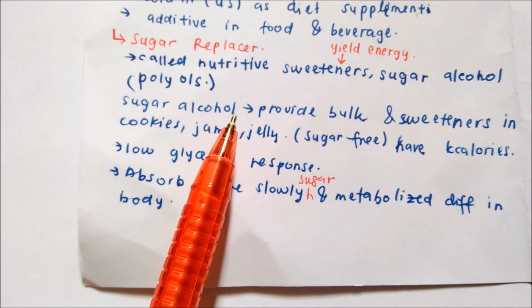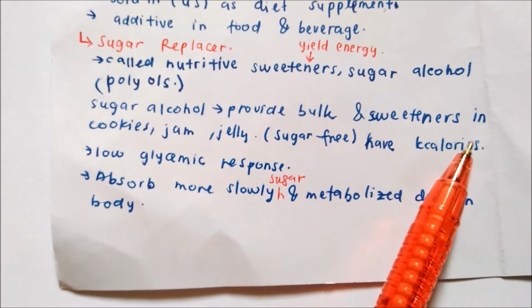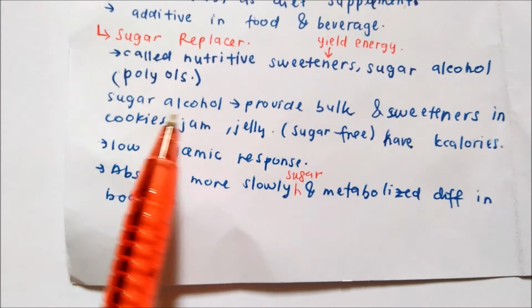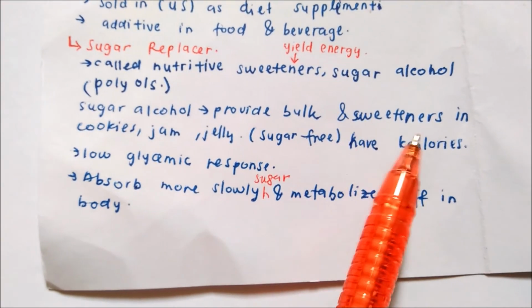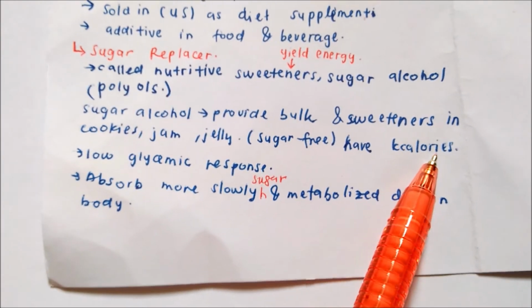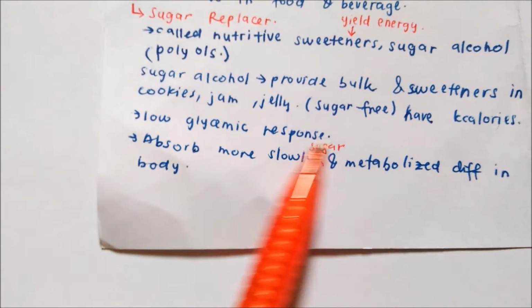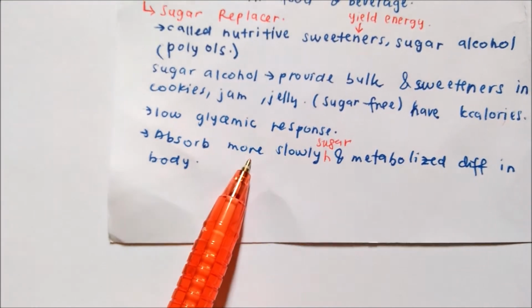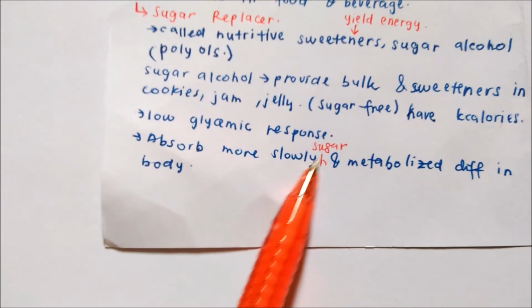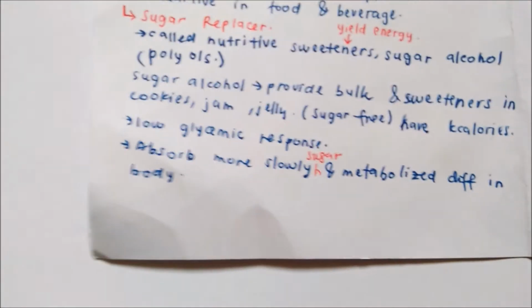Sugar alcohol ni dia akan provide bulk and sweetener dalam cookies, jam and jelly, iaitu sugar free tapi dia ada kalori. So, dia akan low glycemic response in our body dan dia akan absorb more slowly sugar dalam body kita dan metabolize different in body.